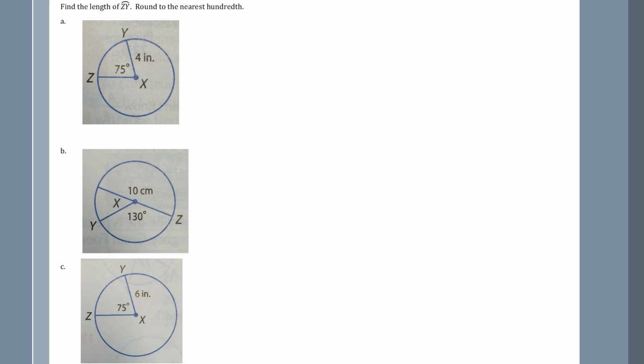Find the length of YZ in each one of these. So the first thing I'm going to do is YZ is equal to 75 divided by 360 times 2 times pi times the radius, which is 4.